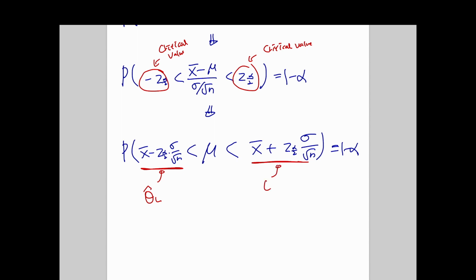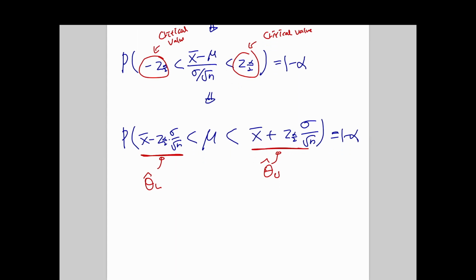This means the upper bound estimator under the confidence level 1 minus alpha. Okay. Level.